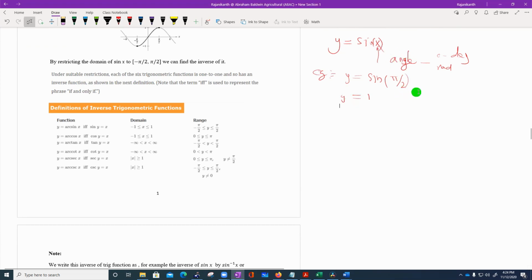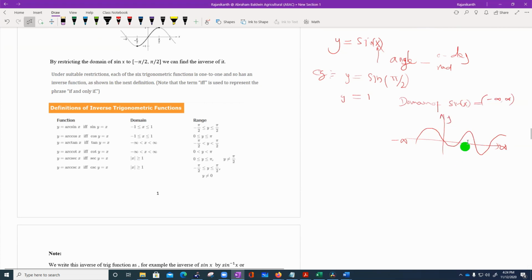Okay, so the domain of the sine function is, remember the sine graph. The sine graph is oscillating like this. So the domain of the sine graph goes all the way from negative infinity to positive infinity. But the range is the y value.